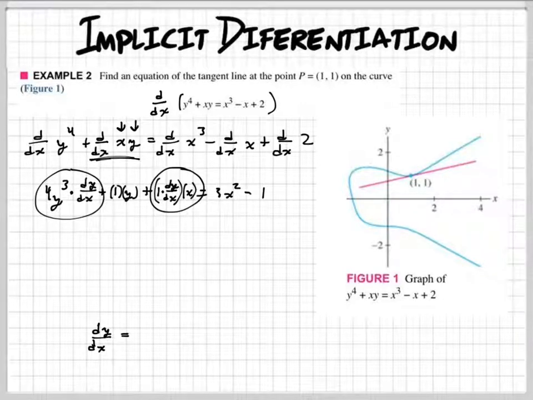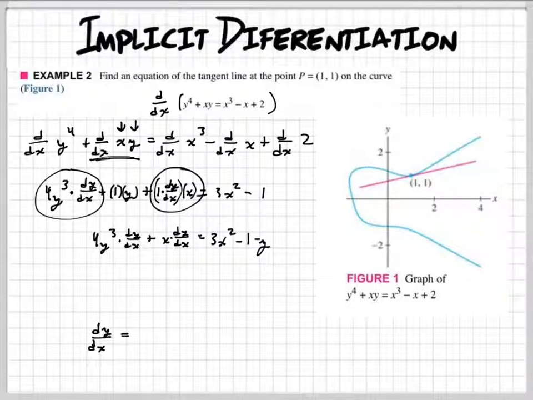And let's see what we get. We have 4y to the third times dy over dx plus x times dy over dx equals 3x to the second power minus 1 minus y. Okay, so I just took this guy, moved him over here.